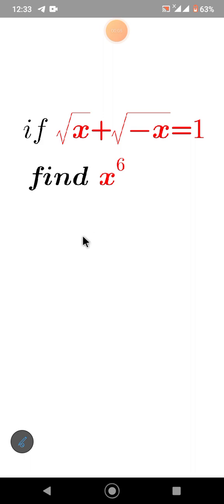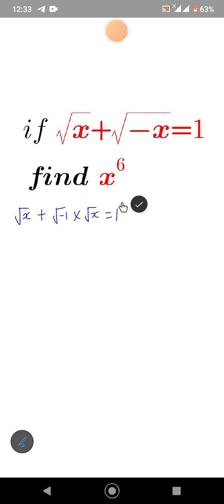In today's video, I'm going to be solving this interesting equation. Now the first thing I'll do, I'll write this out: square root of x plus, now this is the same thing as square root of minus 1 multiplied by the square root of x, all equal to 1.